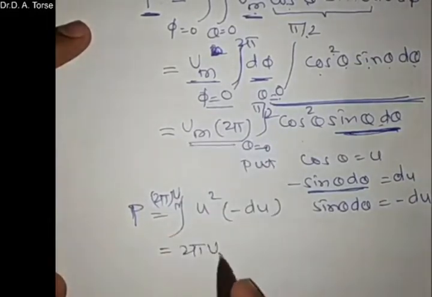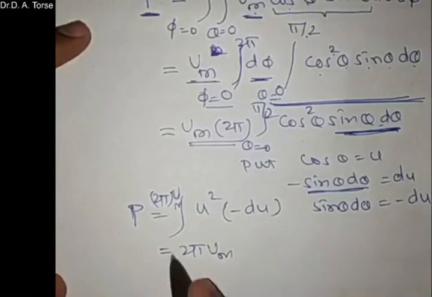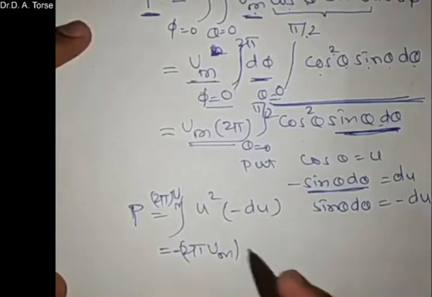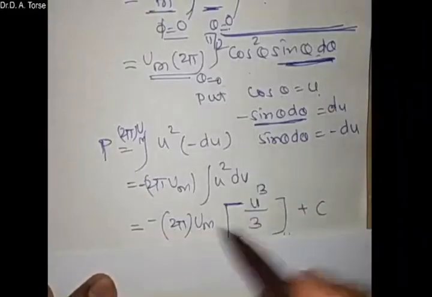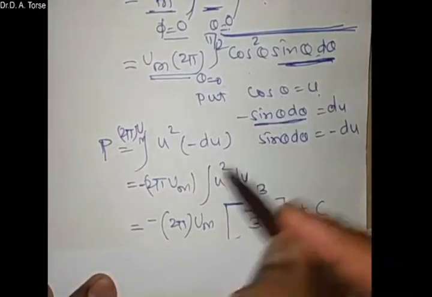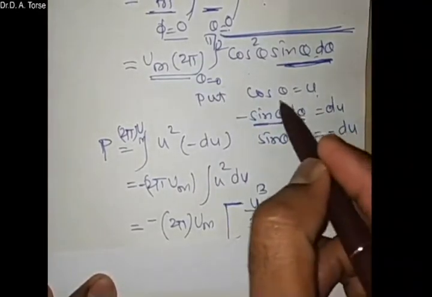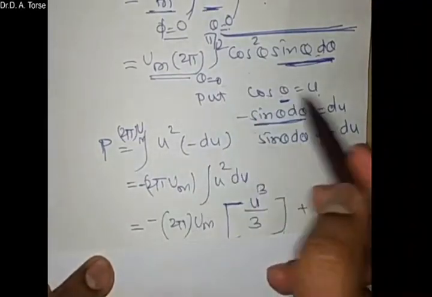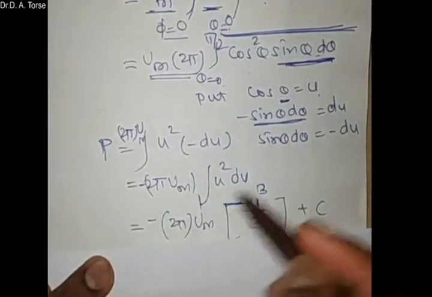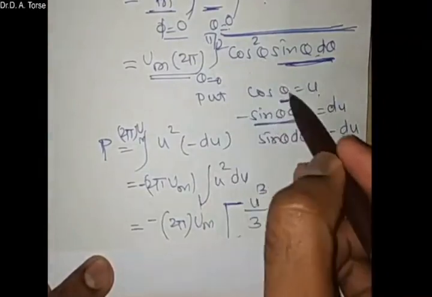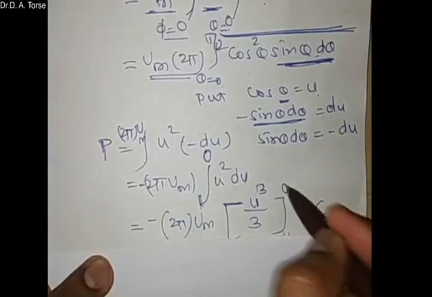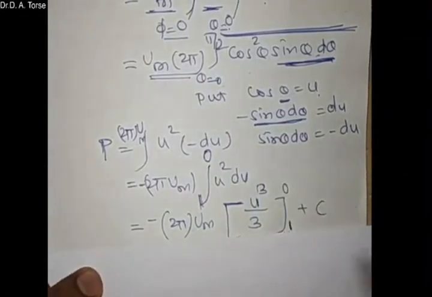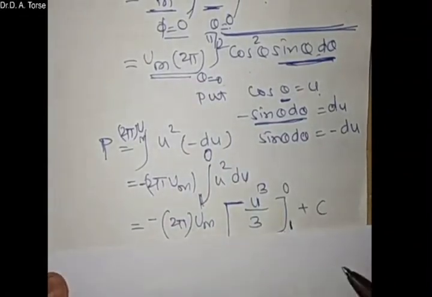So we get minus 2 pi and the integral of u square du. Next, what I missed here is changing the new limits. When theta is 0, the value of cos 0 is 1, and when theta is pi by 2, cos 90 is 0. So these are our new limits, 0 and 1, with which we have done the integration.